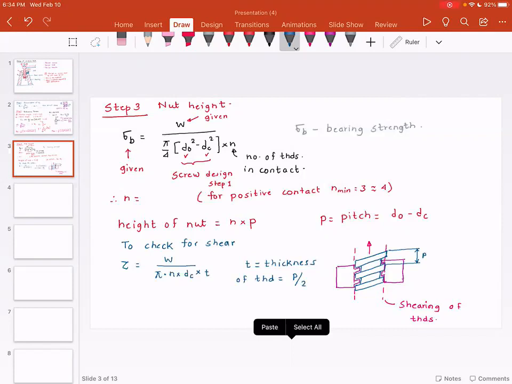I want you to look at just the picture that I have drawn over here. When you are looking at the pitch, which is from here to here, the T dimension is this. This T is equal to P by 2. This is P.